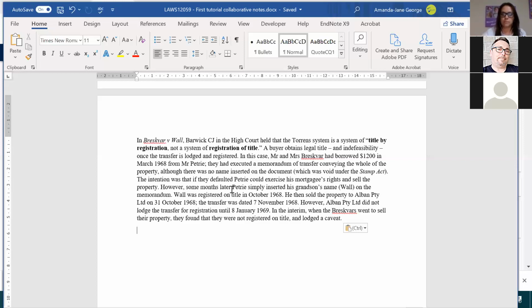So once the fraudulent person was registered on title, the defrauded couple, poor old Mr. and Mrs. Brescovar, their interest in the property was relegated to a mere equity in the property. And so you had this competing equity between Brescovar and the ultimate purchaser. And of the two, the court said that the ultimate purchaser's equity should prevail. Does anyone remember why?